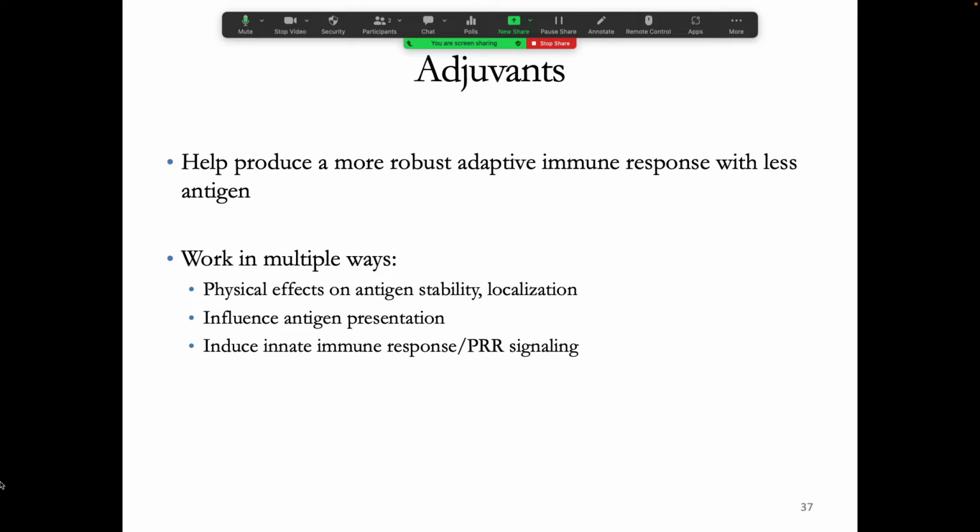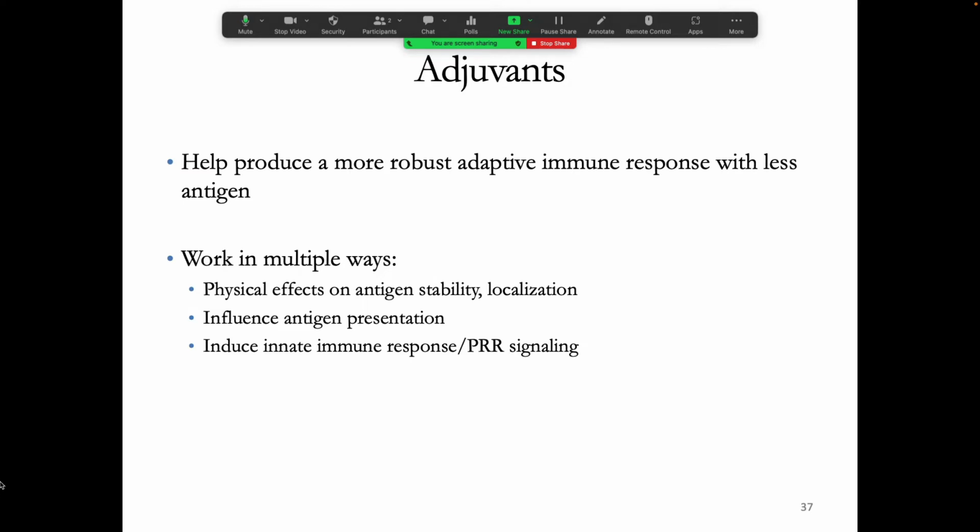One way that those adjuvants can work is that they can have physical effects on the antigen in terms of either its stability or its localization. And so one thing you can sort of think about is that there's one major group of adjuvants that basically are like a whole bunch of oil that go around the antigen so it can't get degraded as easily.